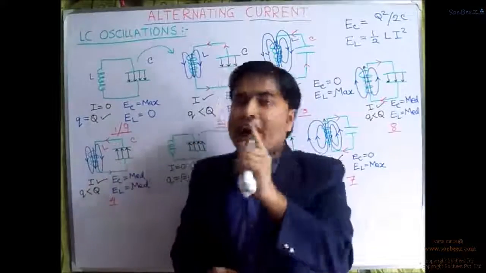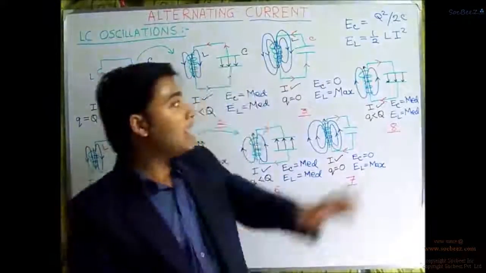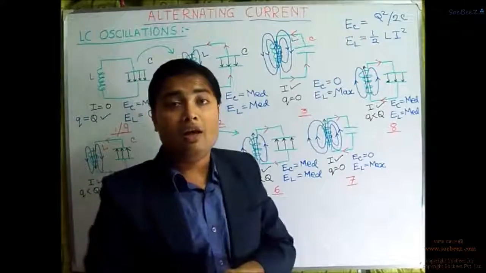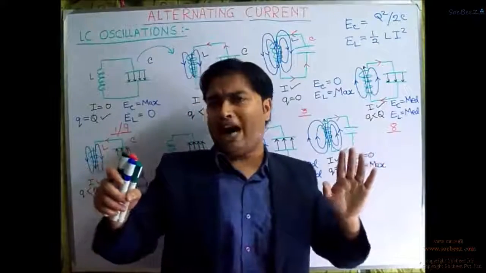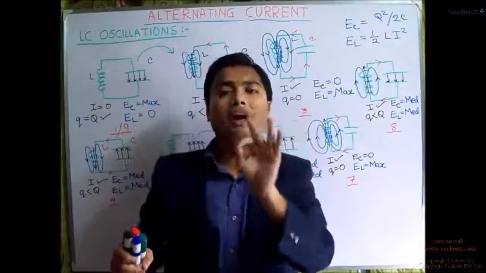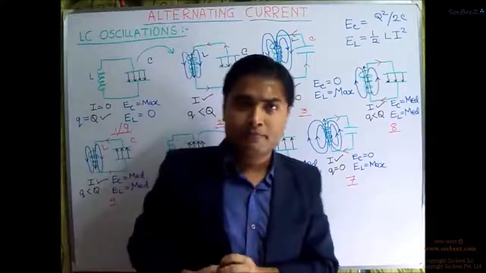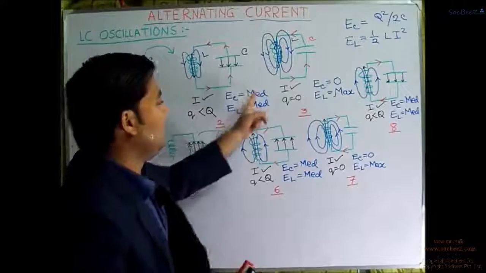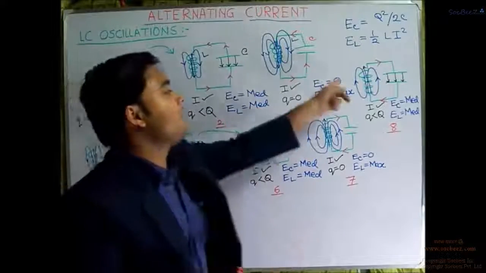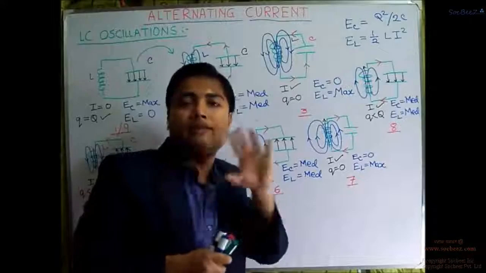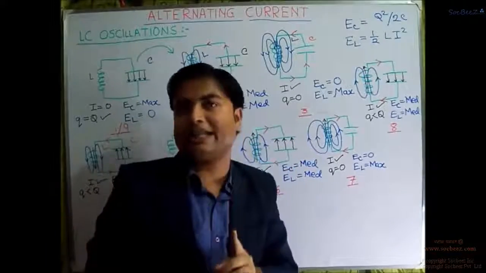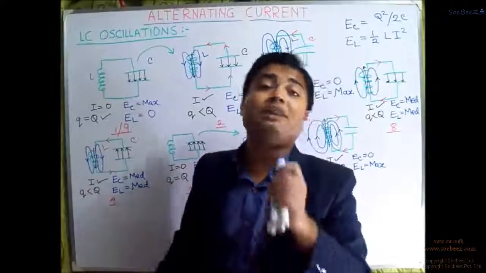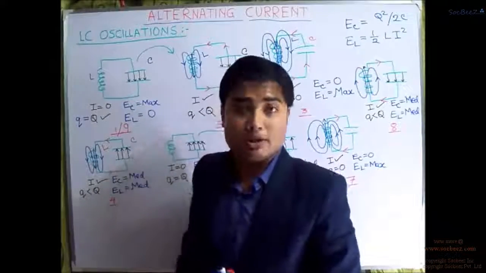In the ideal cases, we will find that the value of EC added up with the value of EL at any point of time will be a constant. So this maximum plus 0 will give us the same value as medium plus medium, or 0 plus maximum. They will all give us the same value, provided it is an ideal circumstance where there is only L and C and no resistance.